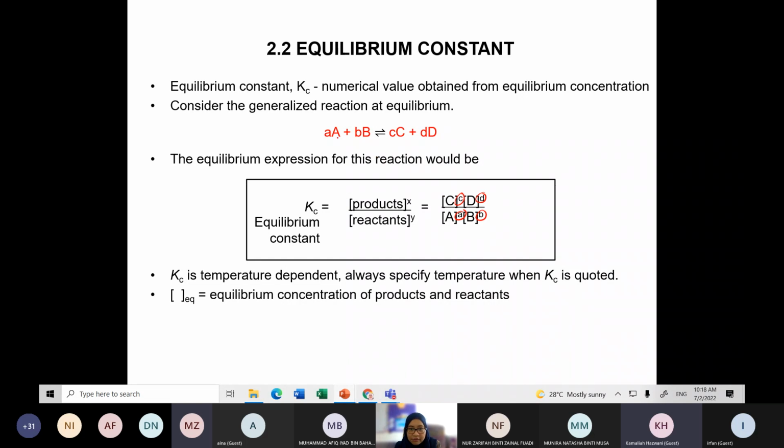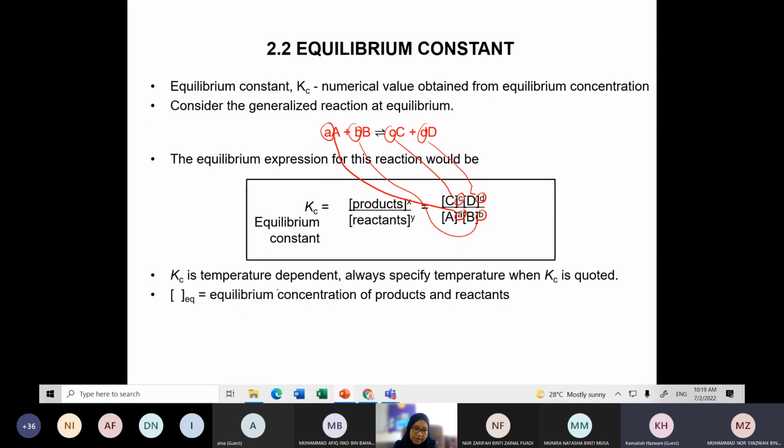So A we will get from this one, B from this. So it's product over reactant. The concentration of products over the concentration of reactant raised to their power.